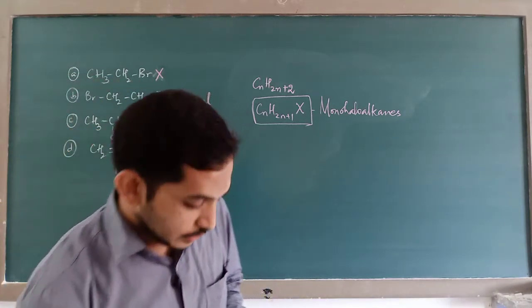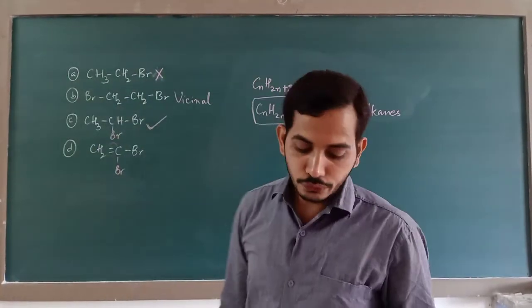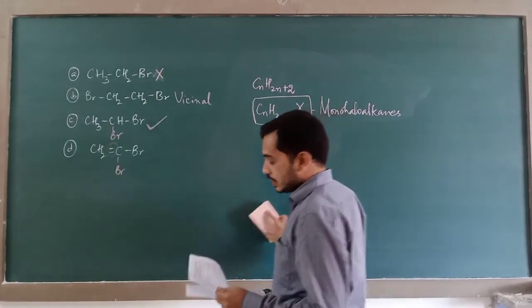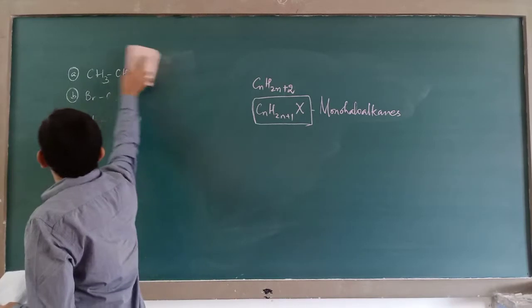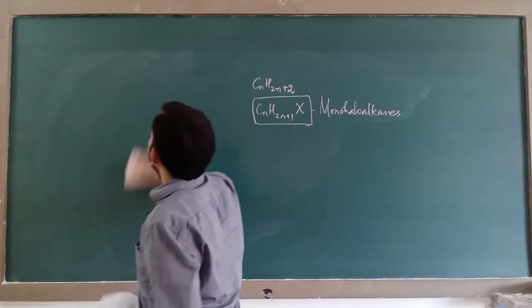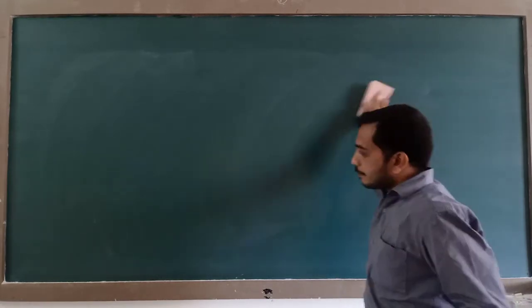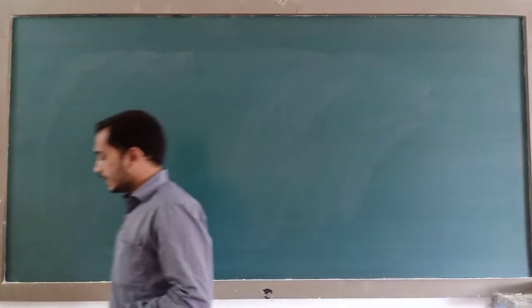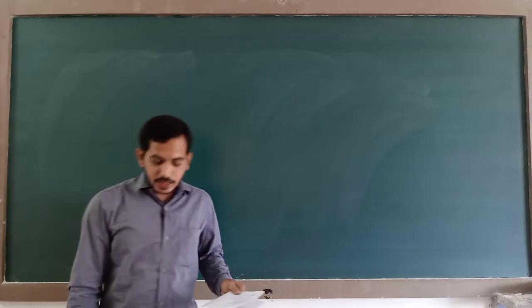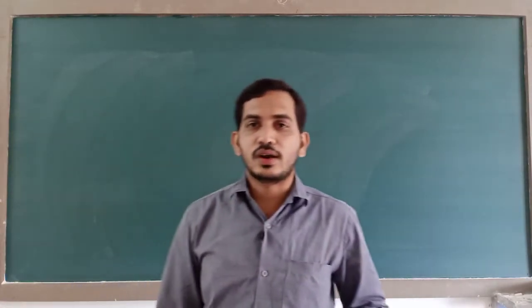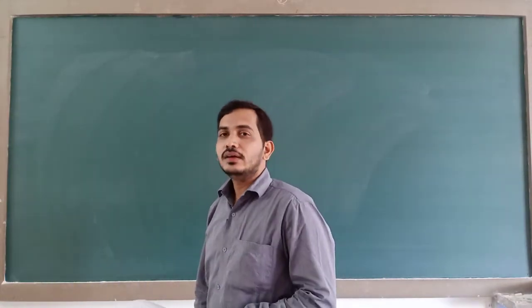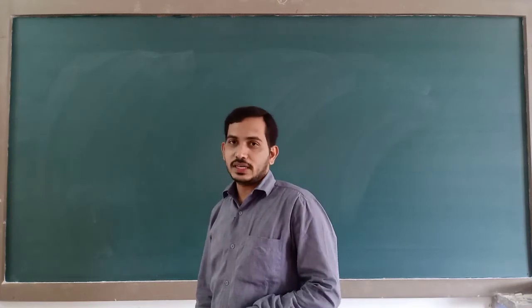Then the fourth question, full name of DDT is. You all have heard what DDT is, though not in my class, but you might have heard what DDT is. DDT was earlier used as a pesticide or insecticide. Nowadays it is banned because of biomagnification.